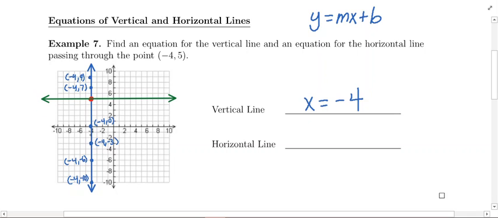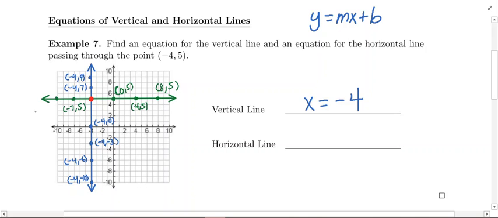Again, I am just going to list out points on this line. Random points. This is 0, 5. This point is 4, 5. This point is 8, 5. If I pick something over here, this point is -7, 5.